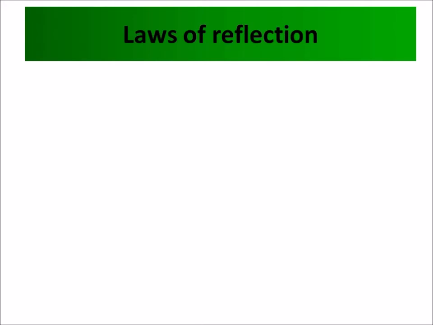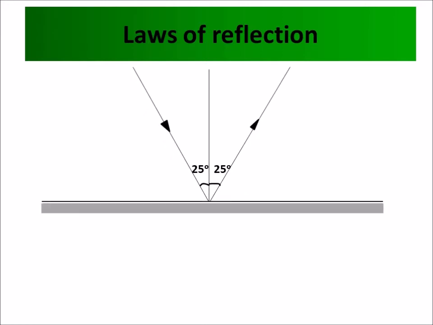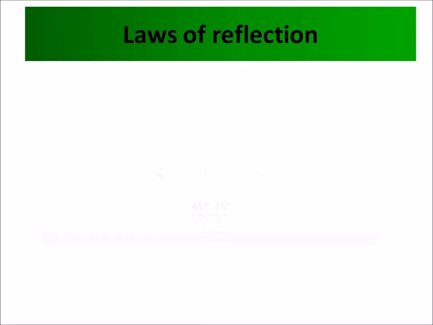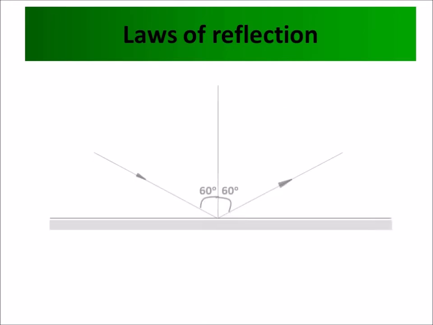Let us now consider the laws of reflection. So in doing this, consider the following diagrams. So first, look at the two angles 25 degrees and 25 degrees. Next, look at the two angles now 45 degrees and 45 degrees.